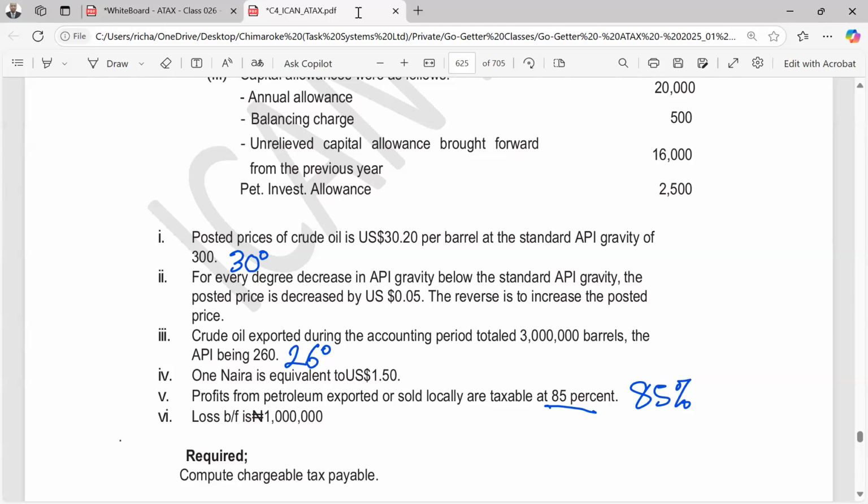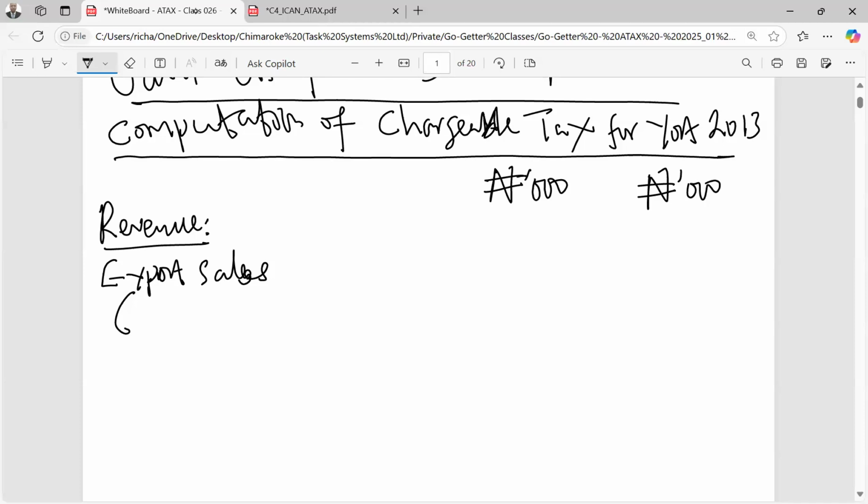The barrels is 3 million barrels. Now, at what dollar price? We don't know the dollar price yet. So let's leave that place blank.